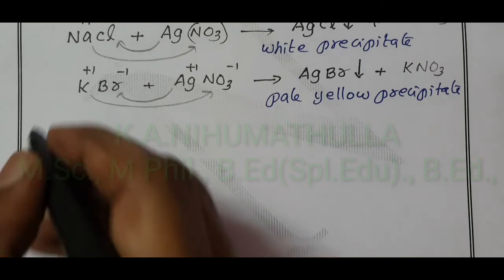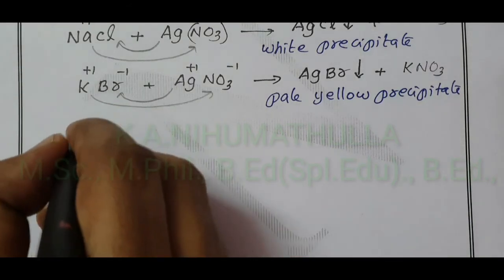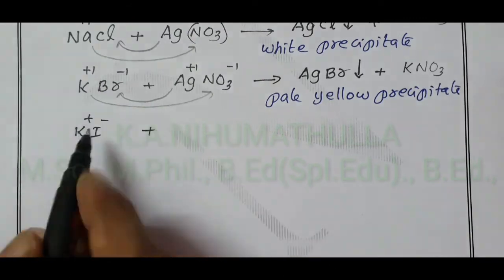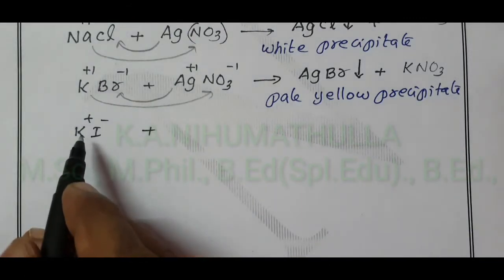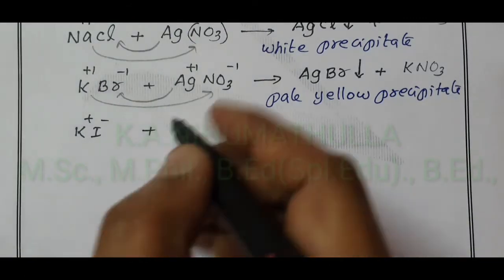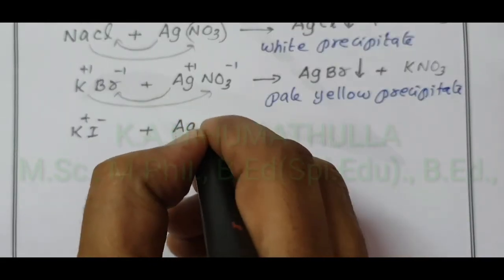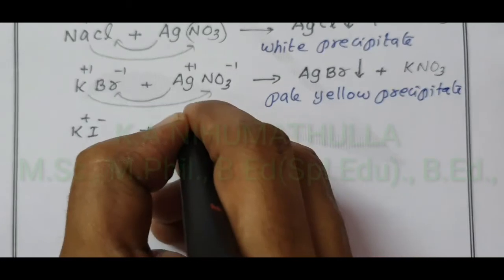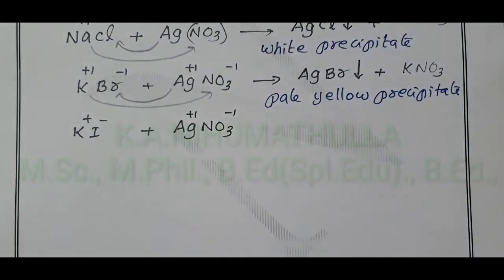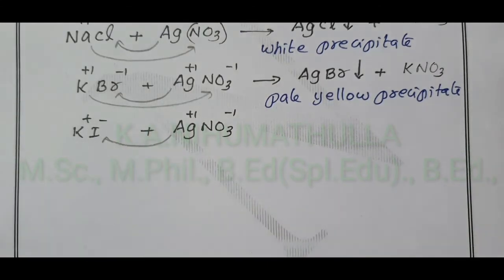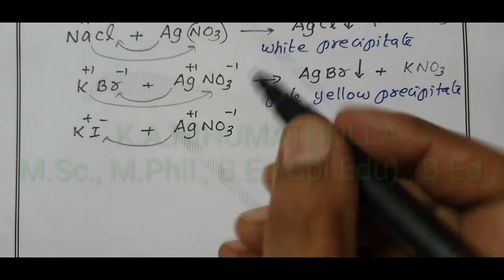And one more reaction to identify iodide: potassium iodide, KI, K plus, I minus. The solution is actually used to confirm the lead radical. When potassium iodide solution is treated with silver nitrate AgNO3, Ag plus combines with I minus to form a yellow precipitate of silver iodide.